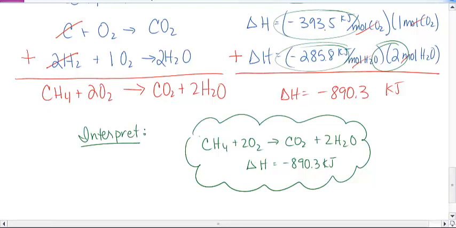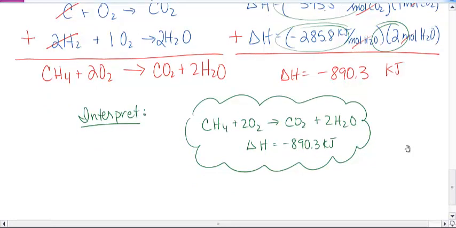But we like our delta H's as kilojoules per mole or kilojoules per gram. So here's how we do that. We could say delta H for the reaction is negative 890.3 kilojoules per, and now we pick something in the balanced equation that we would like it per mole of.